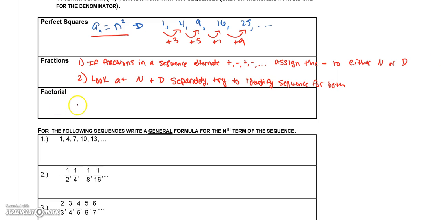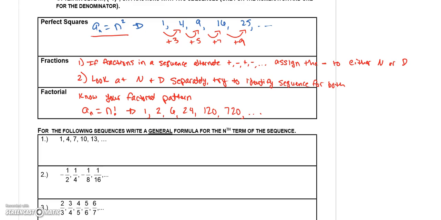Factorial, we talked about last week. Just real simple, know your factorial pattern. That's going to help you out a ton. You should just memorize these. You can figure them out a couple of times, but eventually you should know that if I have a_n equals n factorial, that's 1 factorial, 2 factorial, 3 factorial, 4 factorial, 5 factorial, 6 factorial.